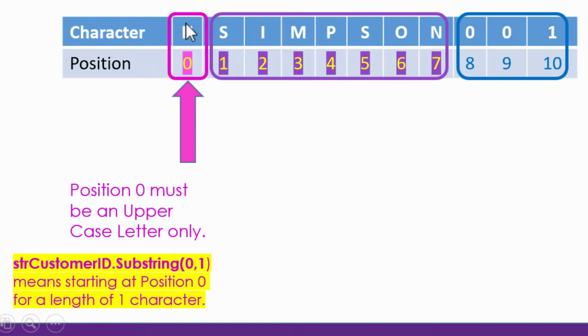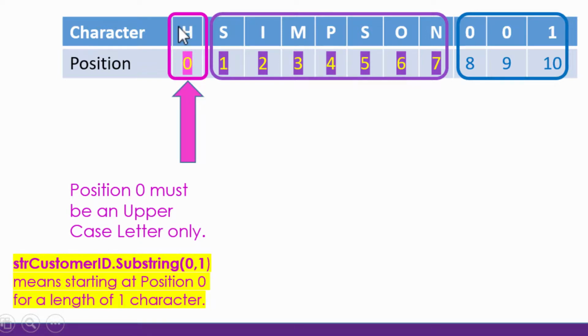To specify that we just want this little bit that's only 1 character long, first you put where that one little bit is. Well, it's at position 0, so we put a 0 in here. That's its position. Then comma, this is how long you want to go. So we want to be at position 0, but we only want to go for 1 character. So substring 0, 1 will just get that character.